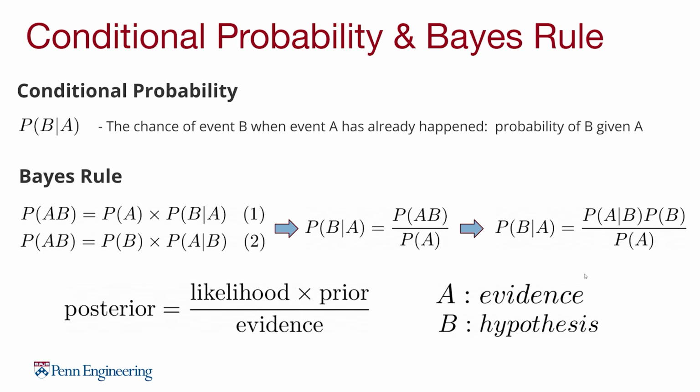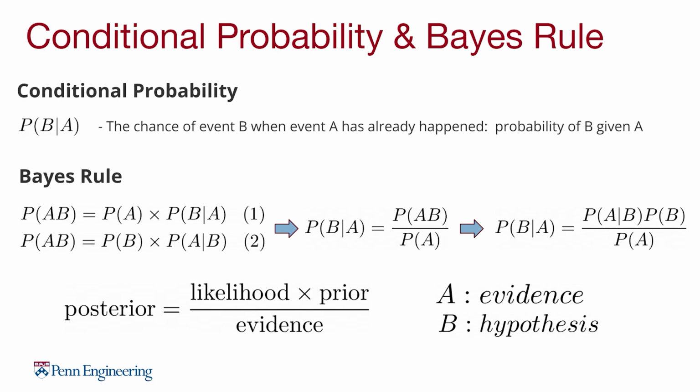So let's say in our case, event A is the measurement, and event B is the state of the system. If we do not have any measurement from the sensors, then we have a prior, which means that if we don't have any other information, what's the probability of our state?